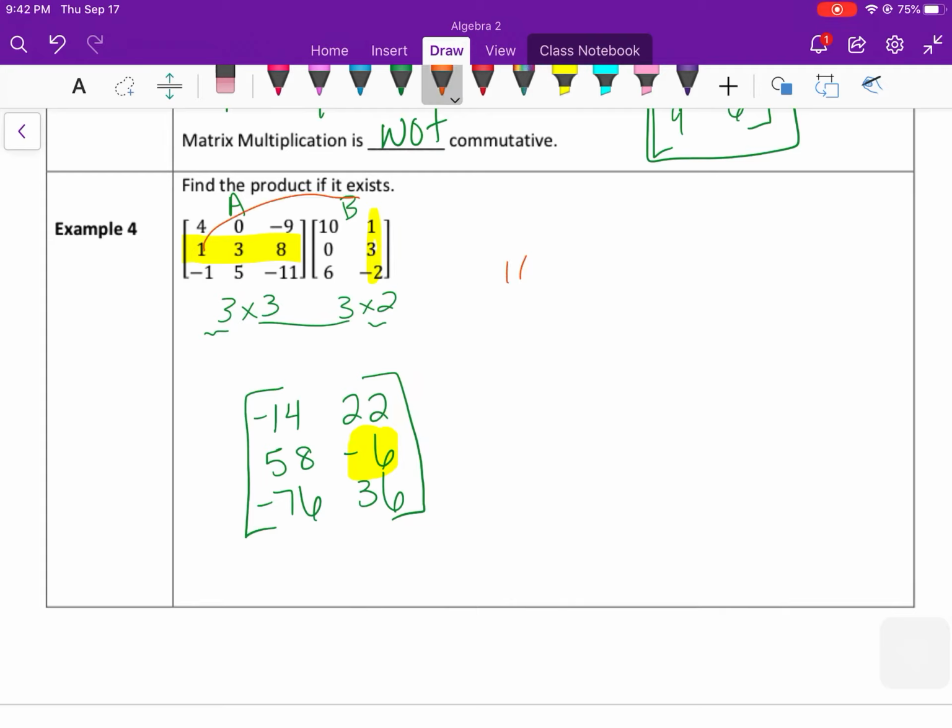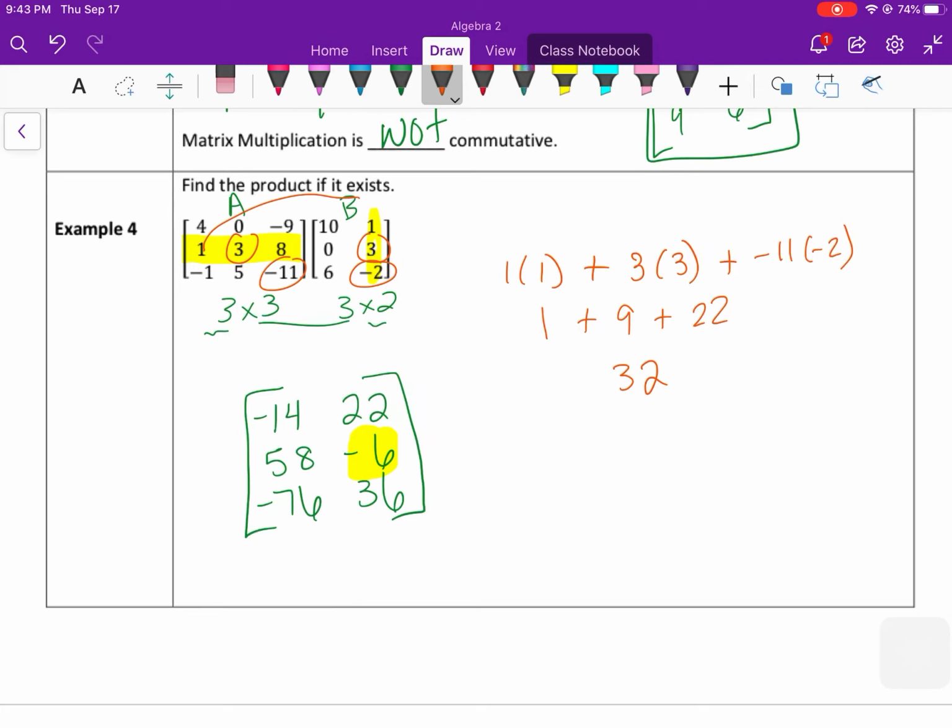You take the 1 times the 1, then plus the 3 times the 3, and then plus -11 times -2. So 1 plus 9 plus 22, 23, 32.